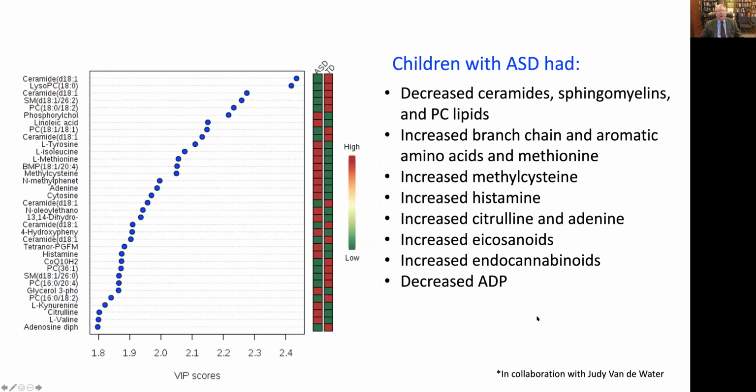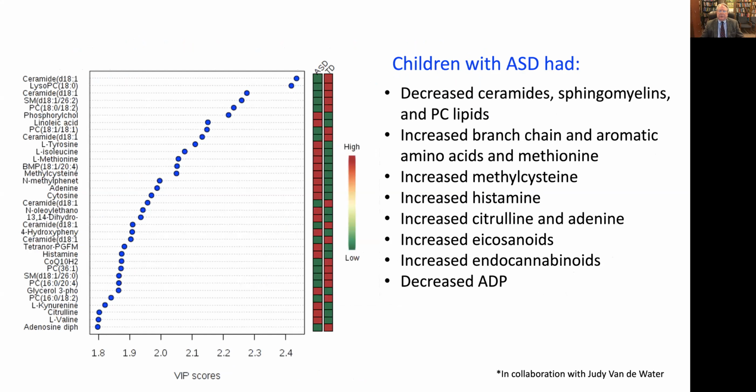So what are some of the chemicals? Well, this is a list of some of the different chemicals that are abnormal: the ceramides and phosphatidylcholines, isoleucine, methionine, methylcysteine, adenine. So anyway, overall summary is that the children with autism had decreased lipids of many kinds: ceramides, sphingomyelins, and PC lipids.